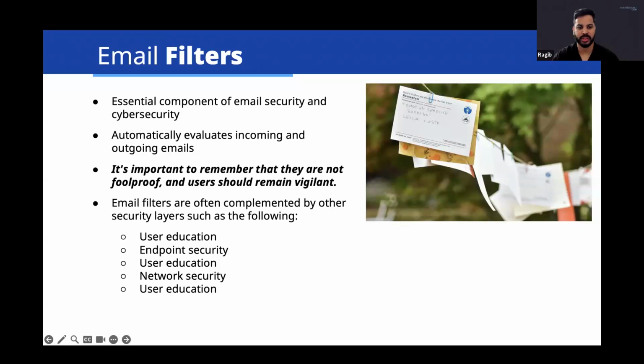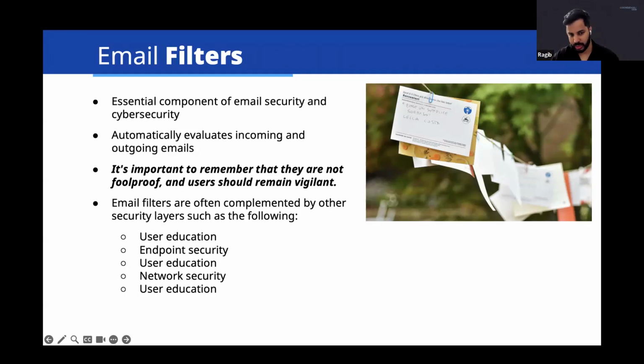Think of email filters as your digital bouncer, right? They automatically evaluate every incoming and outgoing email. It checks for spam, phishing attempts, malware, and other threats that can be a threat to your employees' inbox, right? This happens in real time. Bad emails get blocked while legitimate business communications flow through normally, right?